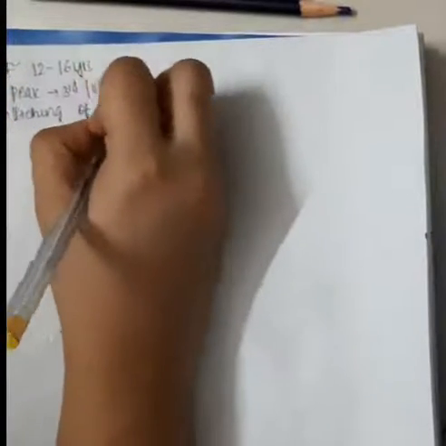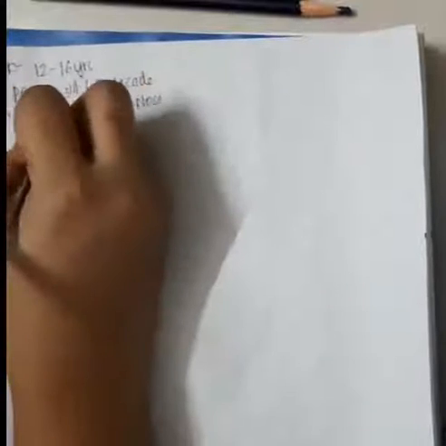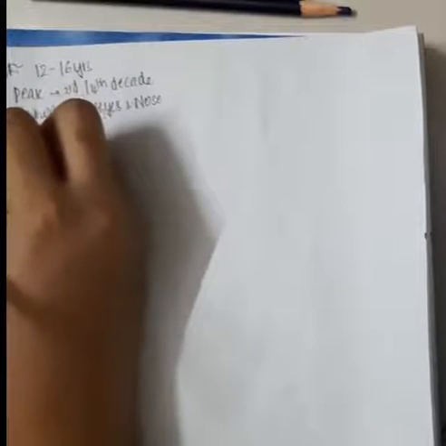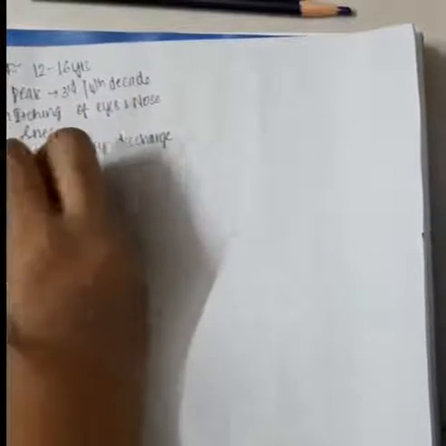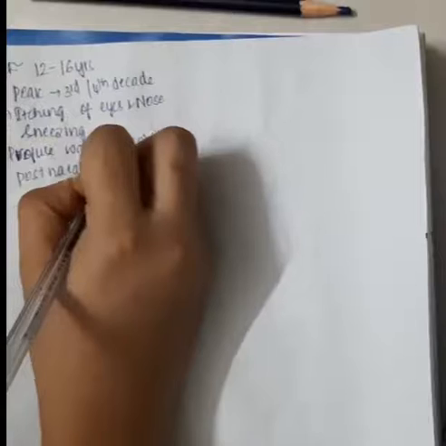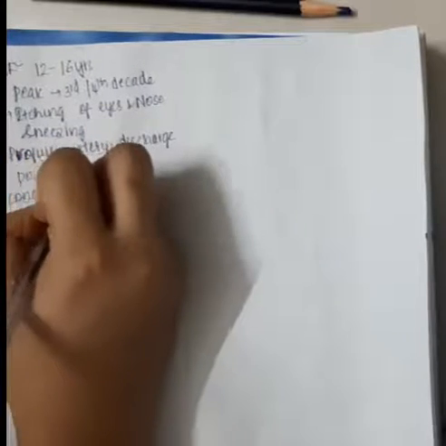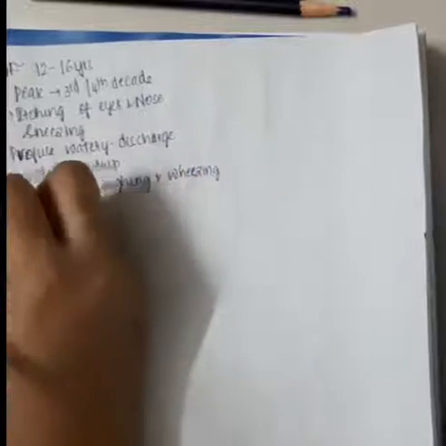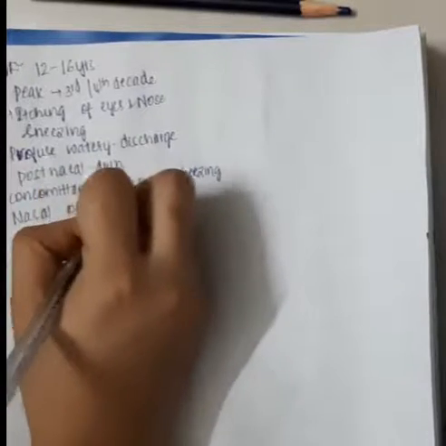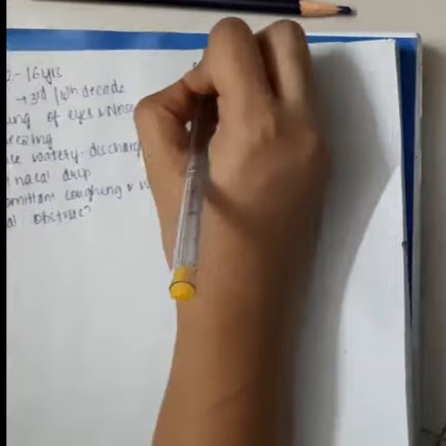Itching of the eyes or nose and sneezing is common. Then we have profuse watery discharge with post-nasal drip. There is concomitant coughing and wheezing. Nasal obstruction can also occur. So all these are the features of allergic rhinitis.